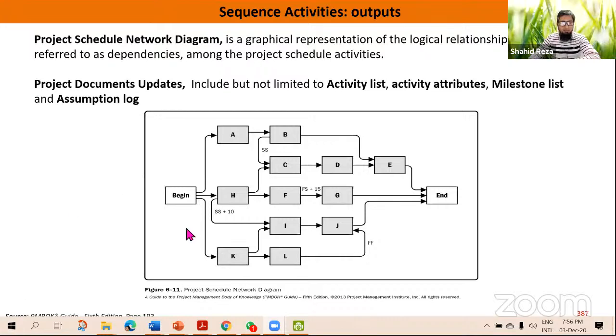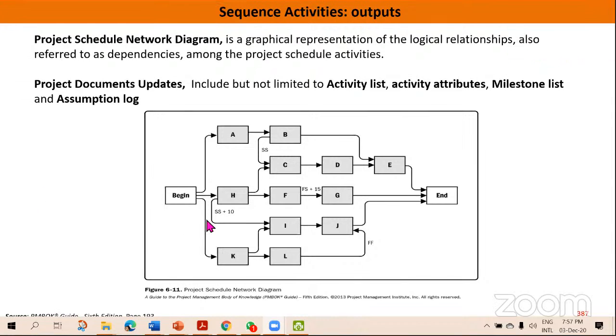So for example, we put H and I start to start plus 10 days. That means if H starts on 1st December 2020, then I will start 10 days after starting this activity. That means on 11 December we can start activity I. Okay. All right. So this is the meaning.